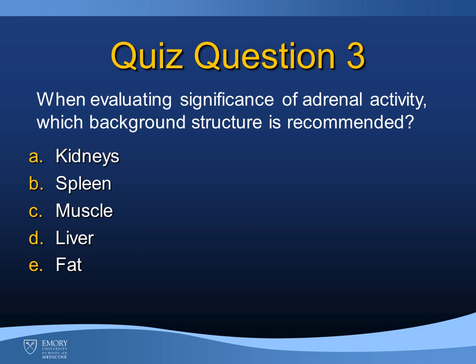Quiz question number 3. When evaluating the significance of adrenal activity, which background structure is recommended to make that comparison? Kidneys, spleen, muscle, liver, or fat? And the answer is liver.